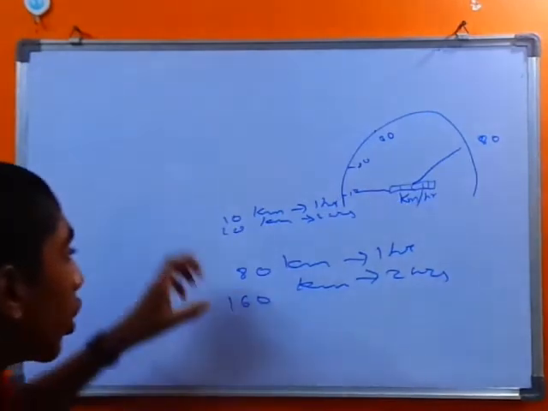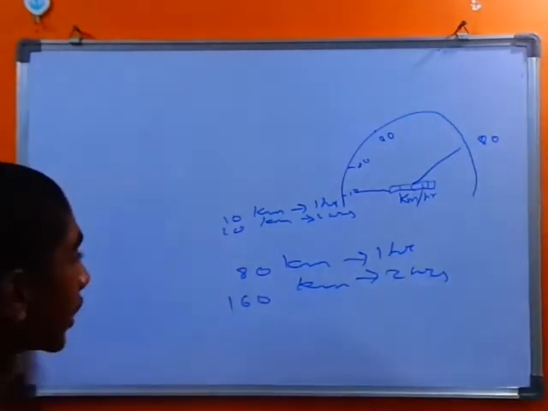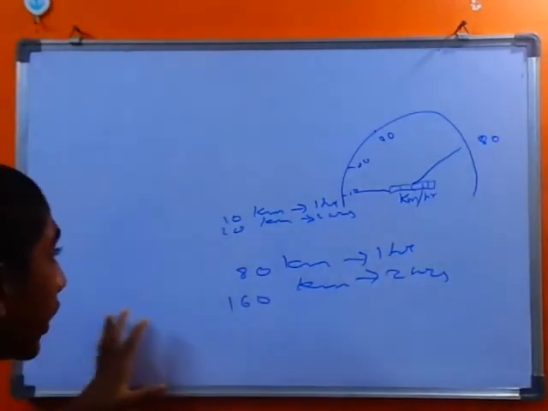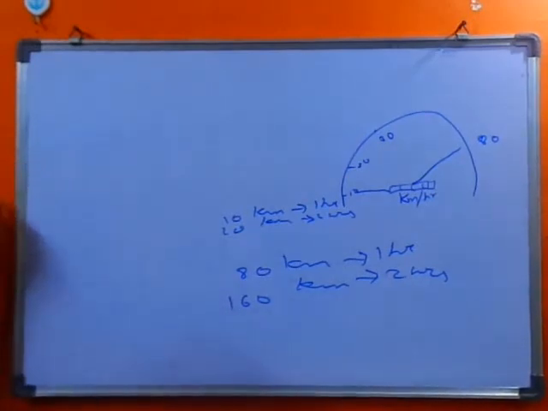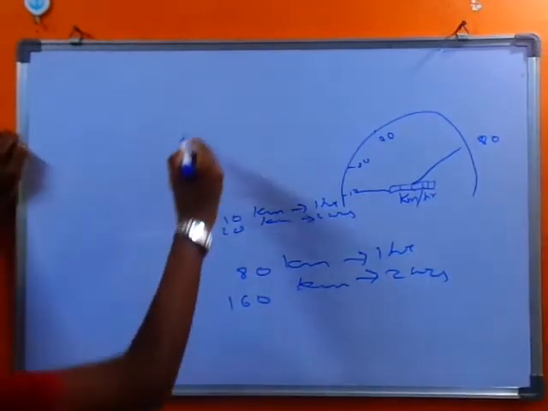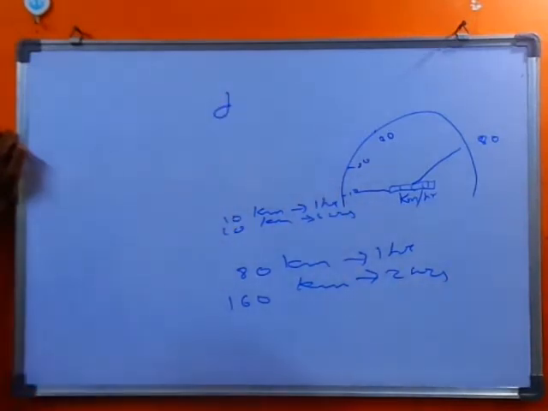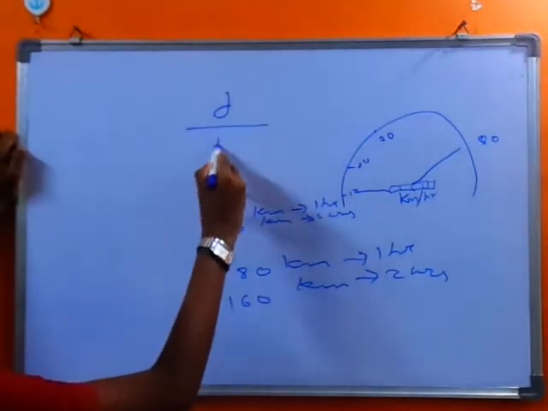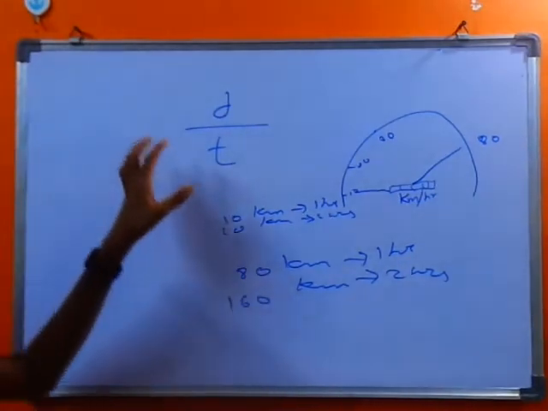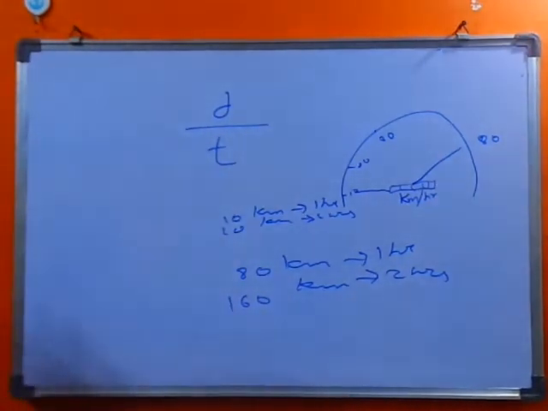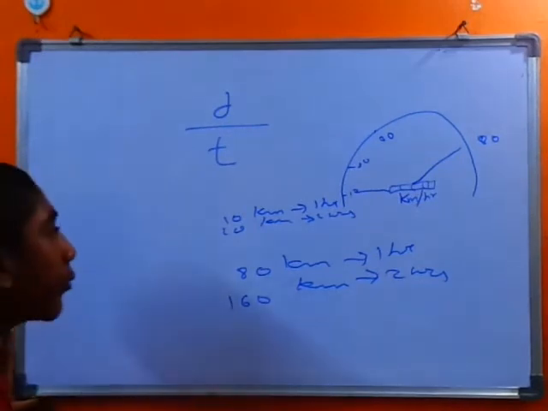So, what does this mean? Speed can be defined as distance traveled per unit time. Speed is defined as distance traveled per unit time.